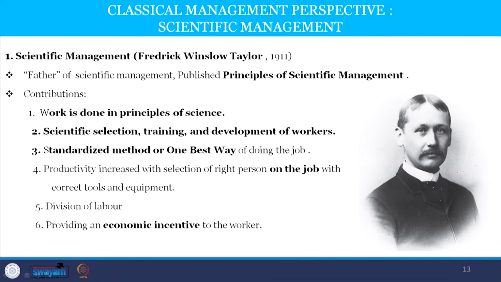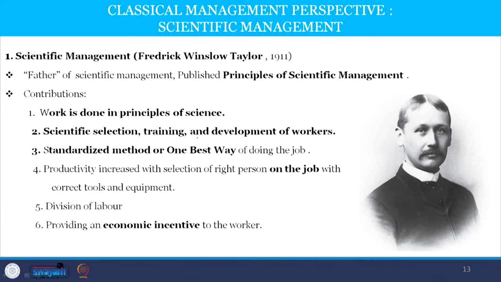The major highlights or contributions of scientific management are that work is done based on the principles of science, and scientific selection, training and development of workers. He proposed that the work or task carried out in the organization should follow some principles of science in order to have maximum production and minimum fatigue.